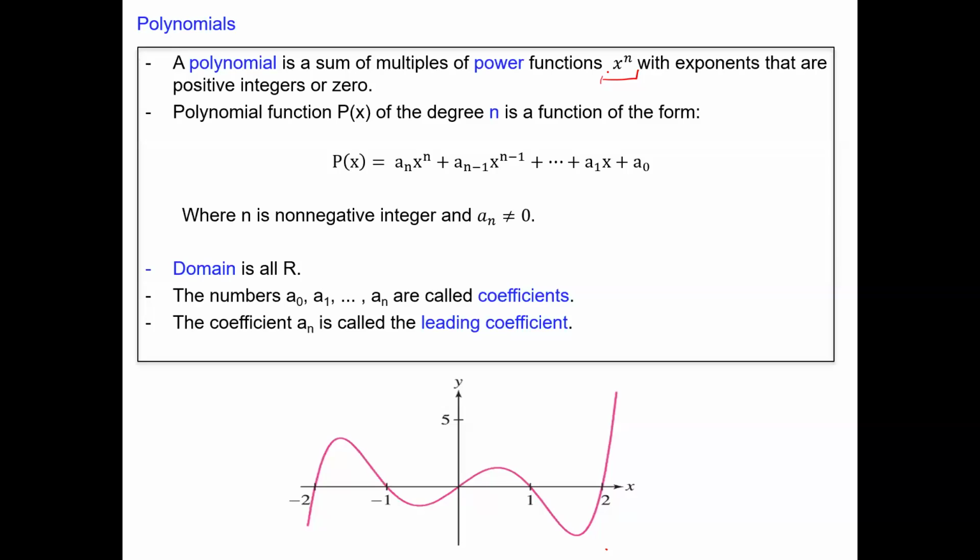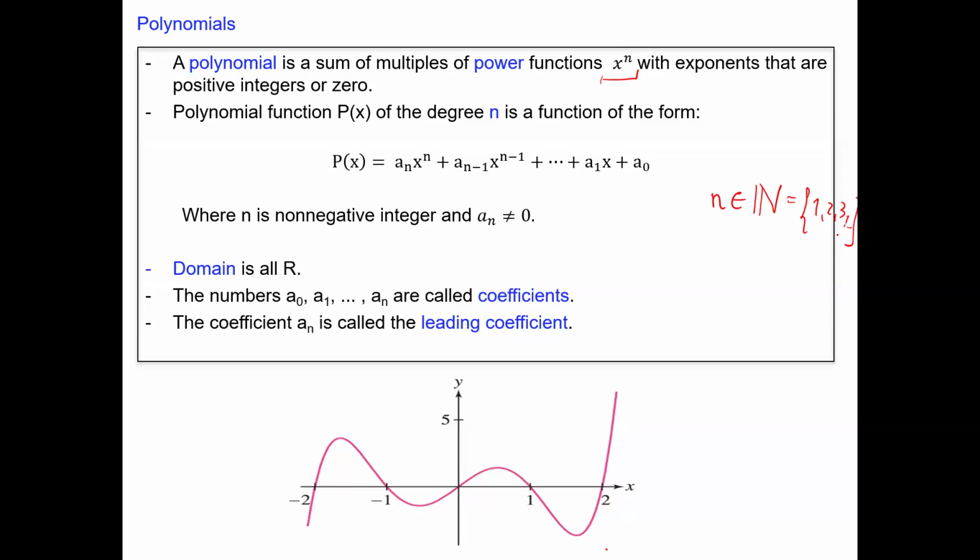That's the power function. Exponent n has to be a positive integer or 0 sometimes, okay? But definitely n is a positive integer, which is called natural numbers. Basically it is 1, 2, 3, and so on.